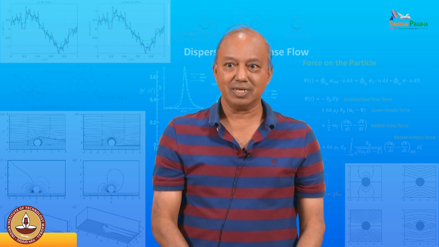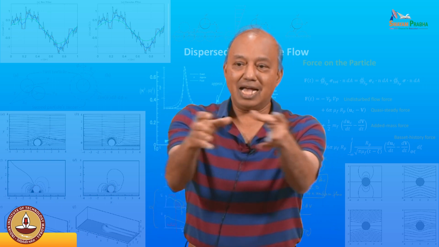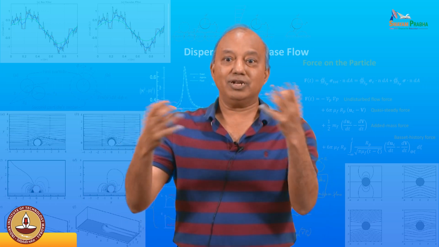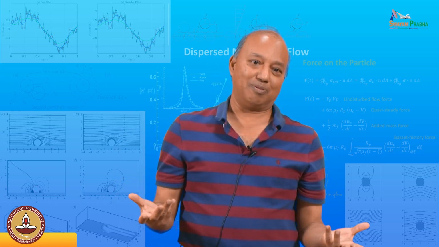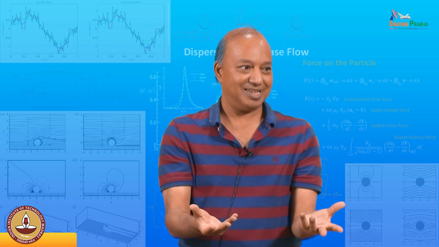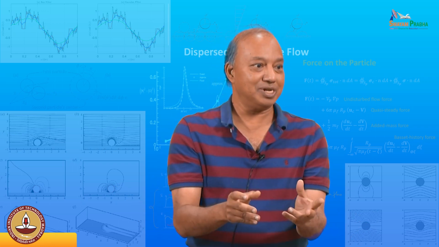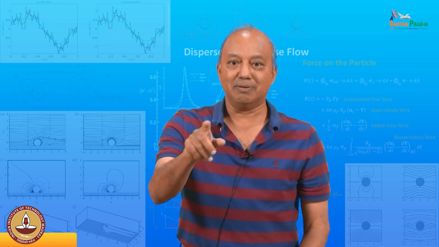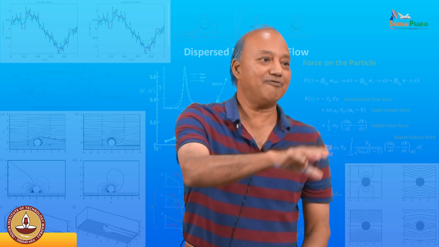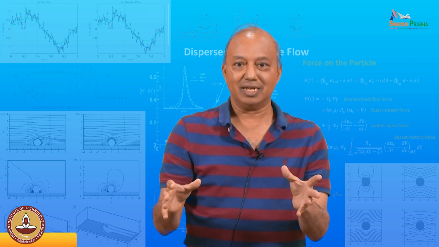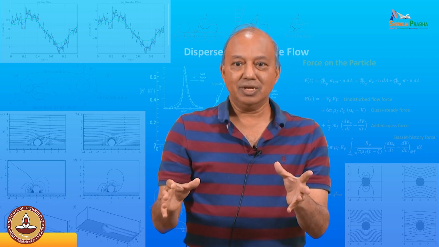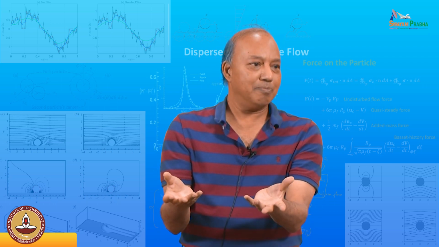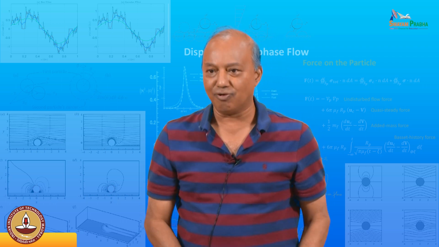Now, if you want to accelerate the particle surrounded by a fluid, and the fluid is also accelerating, then there is no problem. It is accelerating anyway. That is why what matters is the relative acceleration. If you want to accelerate a particle in a medium different from that of the surrounding, you have to apply a force not only to accelerate the particle, which we all know, but an extra force as well.